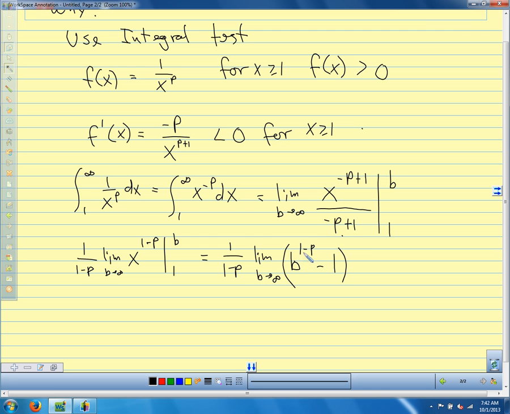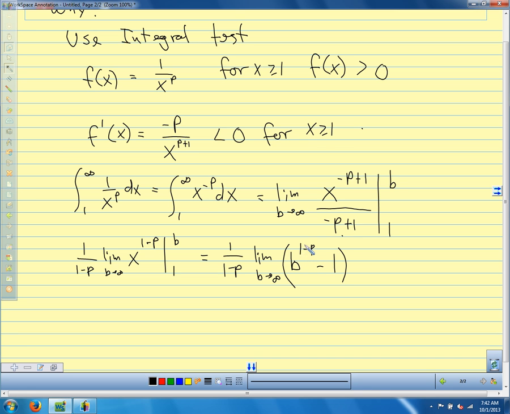We need 1 minus p, our exponent. Let's think about just this. If this exponent is greater than 1, what's going to happen to this limit? It's going to diverge, right? If this exponent is greater than 1, our limit is going to diverge.